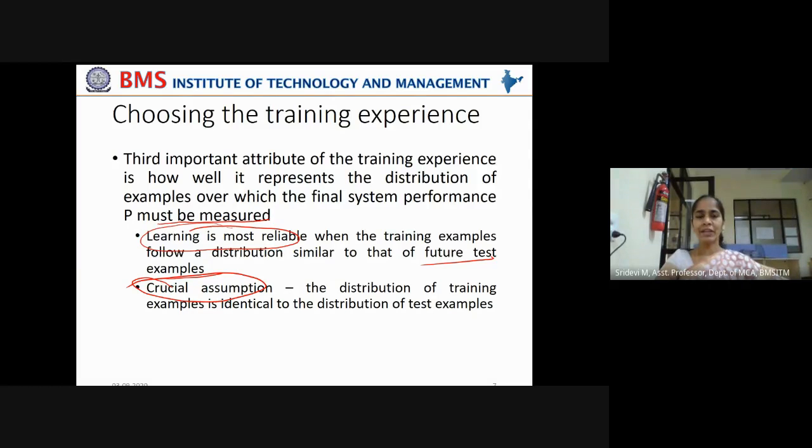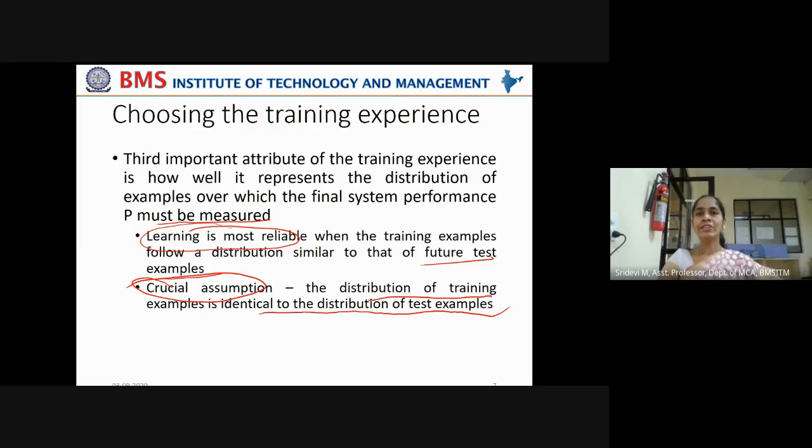So, what is the crucial assumption? In machine learning, the crucial assumption that is made is that the distribution of training examples is identical to the distribution of test examples, but it has to be violated. It should not be followed. Though this is the typical and important assumption made by many machine learning experts, it has to be violated.